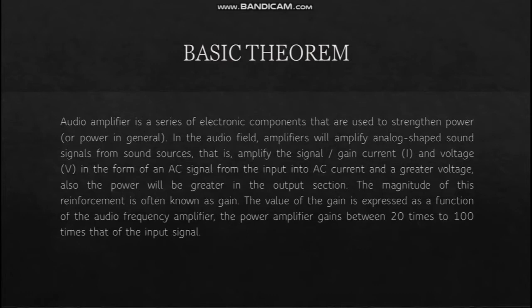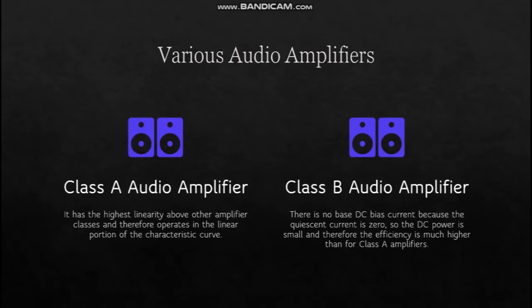The value of the gain is expressed as a function of the audio frequency. The power amplifier gains between 20 times to 100 times that of the input signal. Various audio amplifiers.